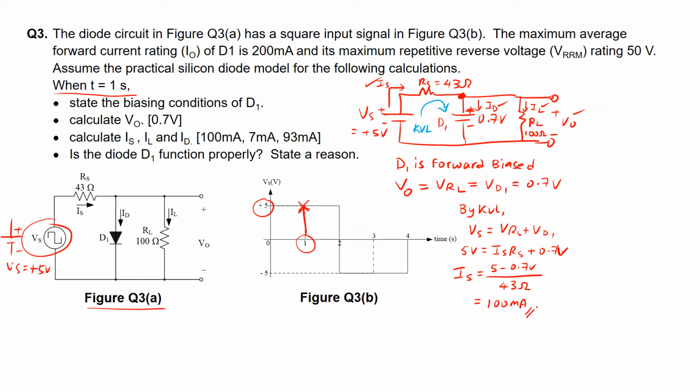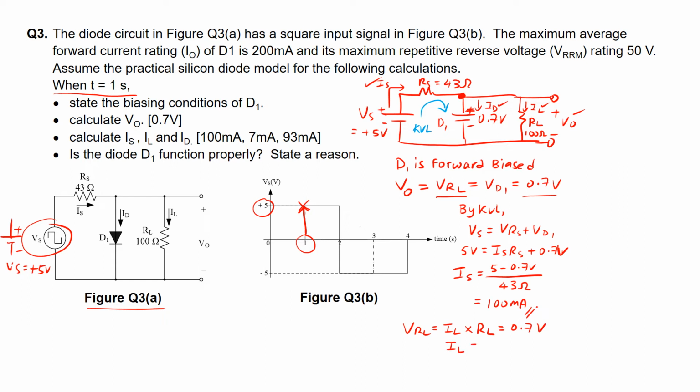Next we want to calculate the current through the load resistor RL, IL. Over here, we already know that VRL is equal to 0.7 volts. So VRL by itself is actually IL times RL, and it has a value of 0.7 volts.